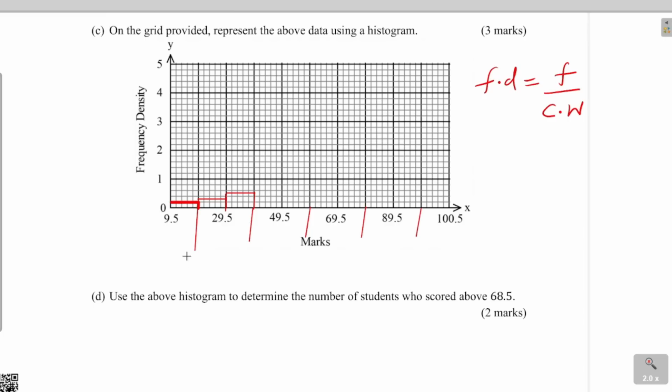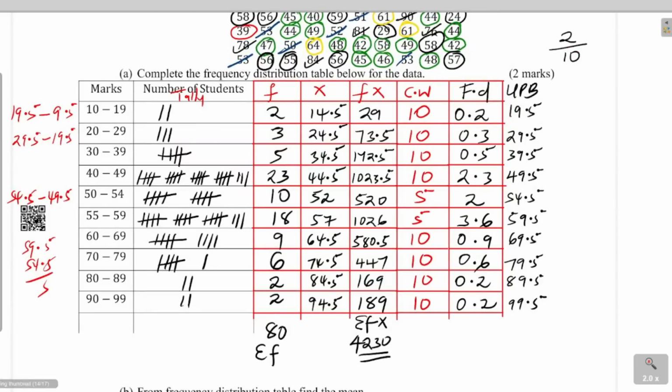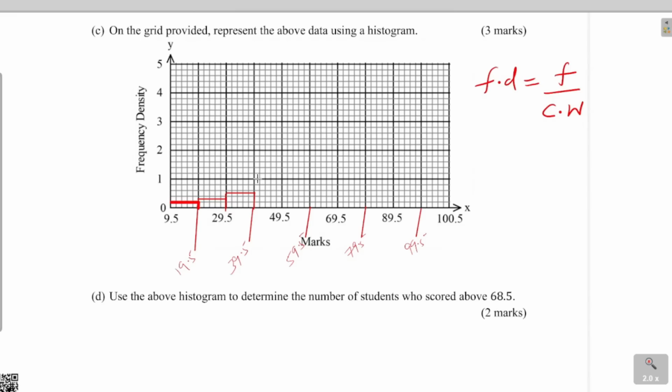So this one is 19.5. This is 39.5. This is 59.5. This is 79.5 and this is 99.5. So the next class goes up to 49.5, with frequency density 2.3.